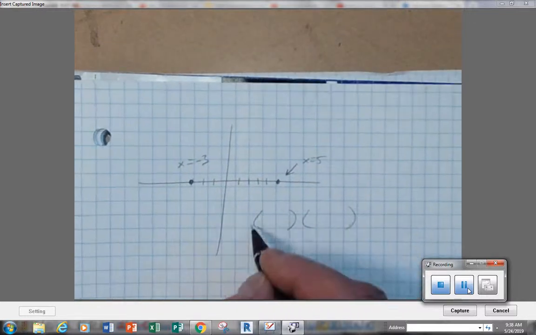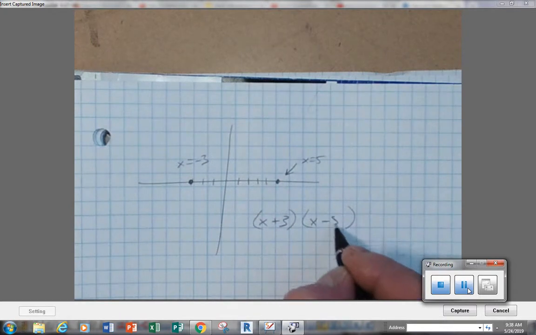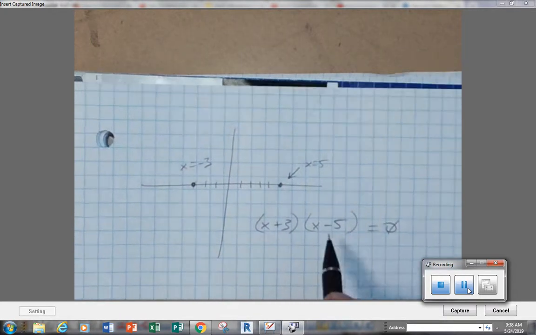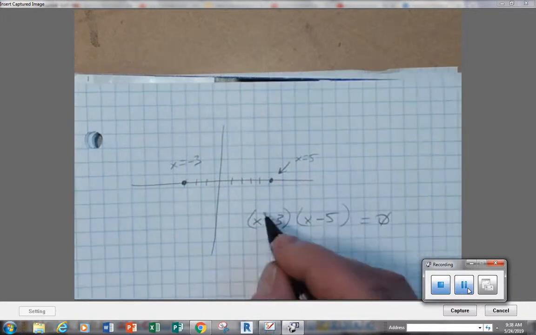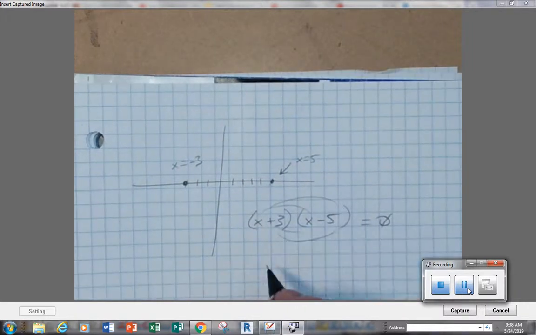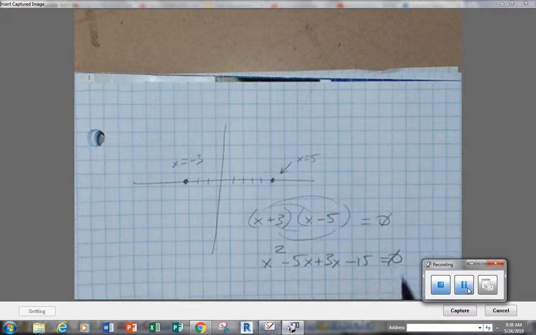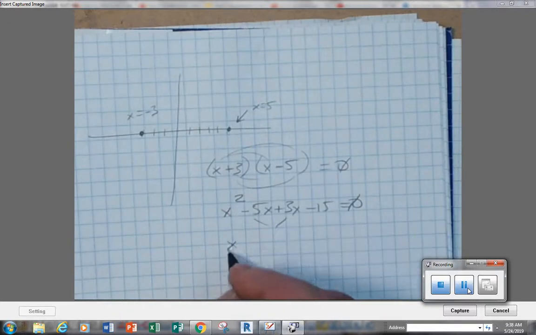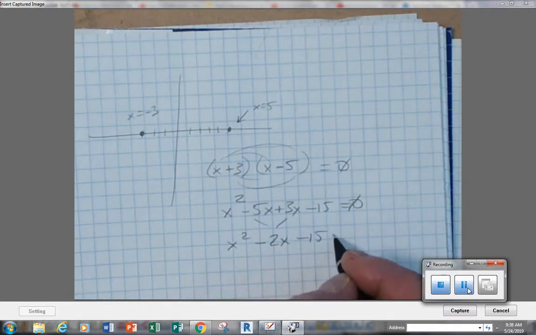Not x minus 3, it would be x plus 3. Remember the opposites. When you solve these equal to 0, that gives you what the answer is right there. So if I factor this or FOIL this, it will give me x squared minus 5x plus 3x minus 15 equals 0. X squared minus 2x. So that's the equation right there.